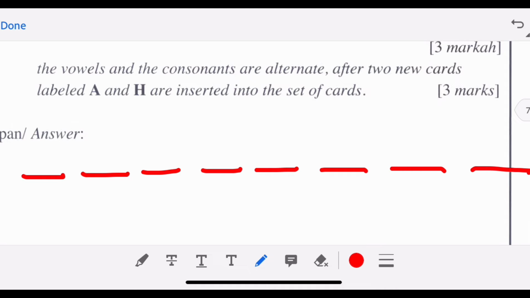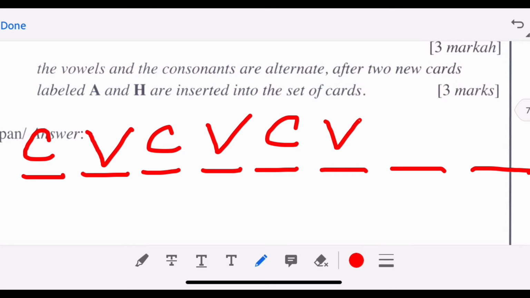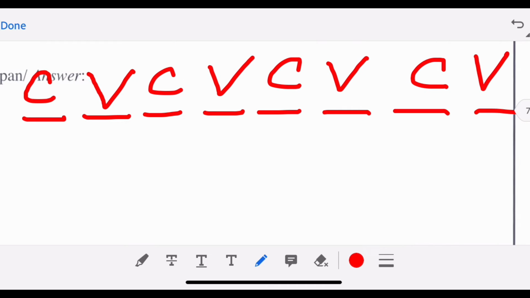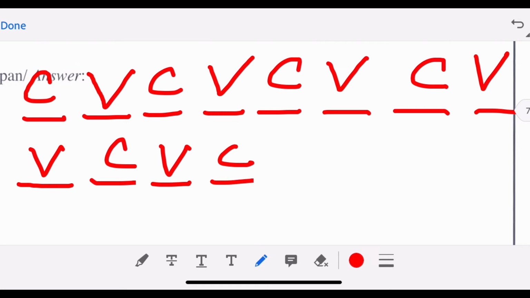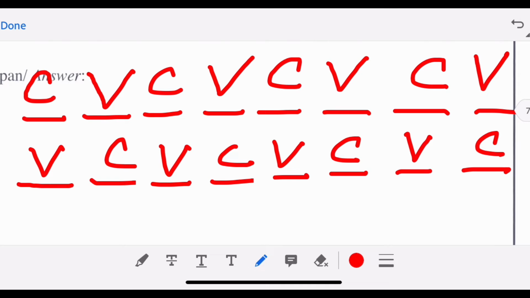That means if this is a consonant, it must be followed by a vowel, consonant followed by vowel, consonant followed by vowel, consonant followed by vowel, or I can say vowel followed by consonant, vowel followed by consonant, vowel followed by consonant, and vowel followed by consonant. So there are 2 possible ways, right?